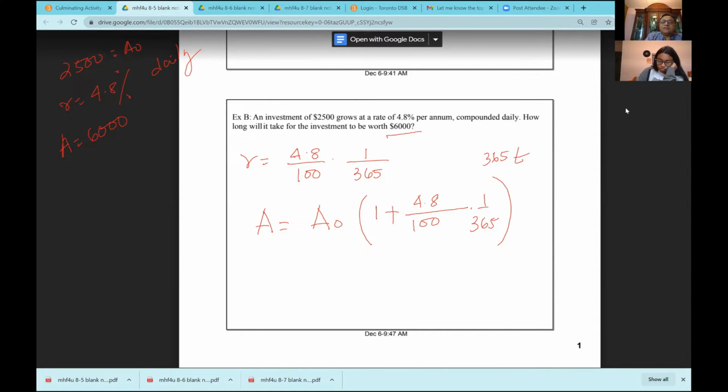We know everything else. So we can now substitute the final value of 6,000 equals 2,500, which is the investment, times 1 plus, can you please calculate this? 4.8 over 100 divided by 365, or just keep it like this.